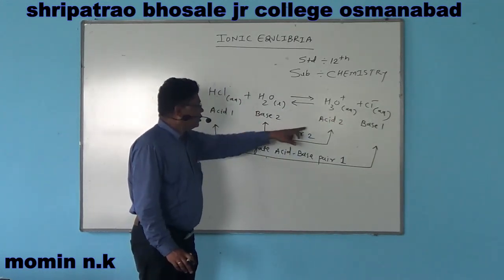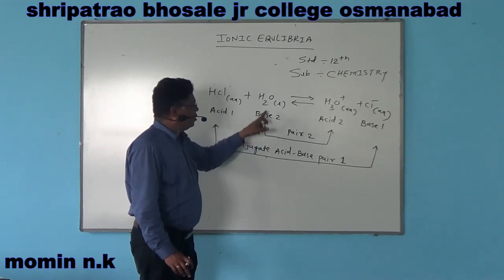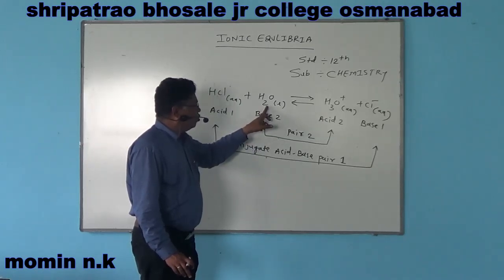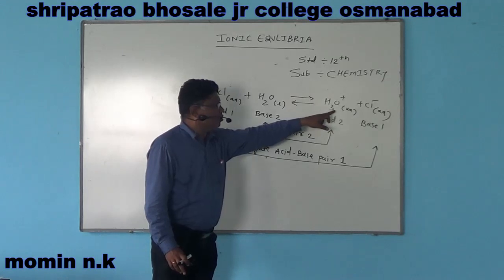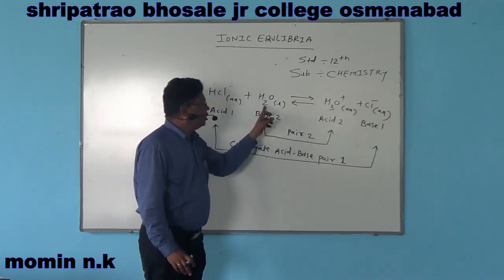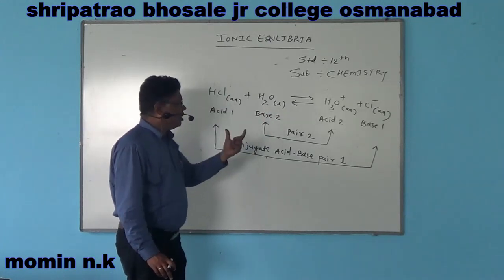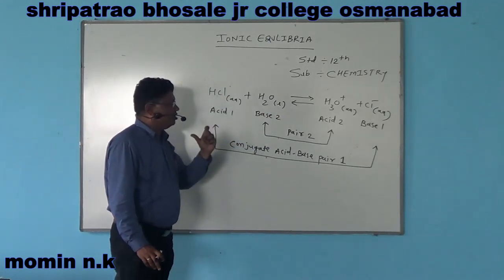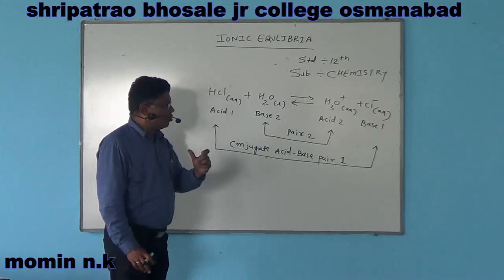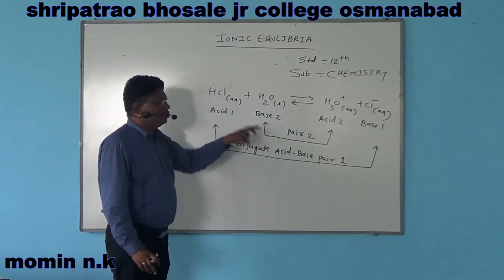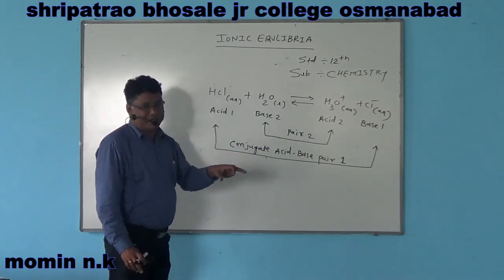Similarly, in this acid base pair, here there is H2O and here it is H3O positive, which also differs by a proton. That's why a pair of substances which differ by a proton is called a conjugate acid base pair.